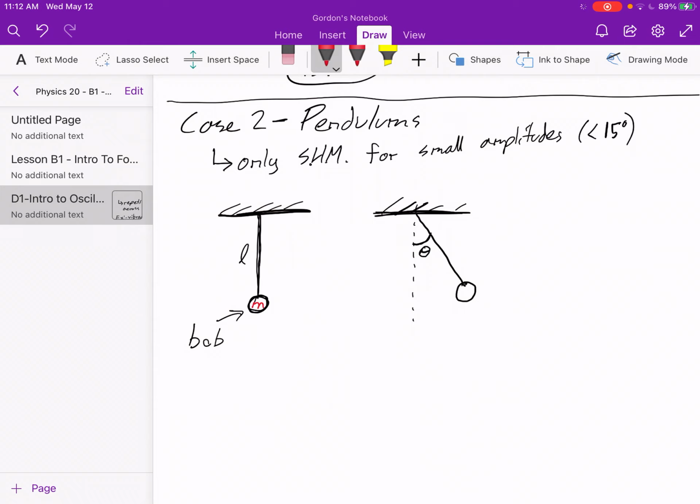In this case, there is a force causing it to return to its original position. So we've got a restoring force here as well. This one can be a little bit more complicated to think about what this restoring force is.